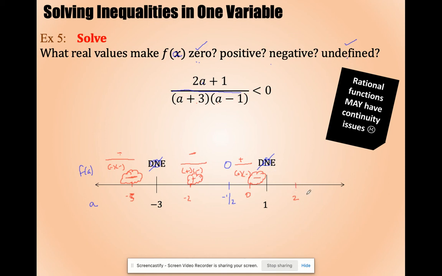And then something above 1, like 2, makes my numerator positive, and my denominator, one factor is positive, and the other factor is positive, so I get a positive. What was I asked? When was this fraction negative? Or the graph of that rational function under the x-axis?